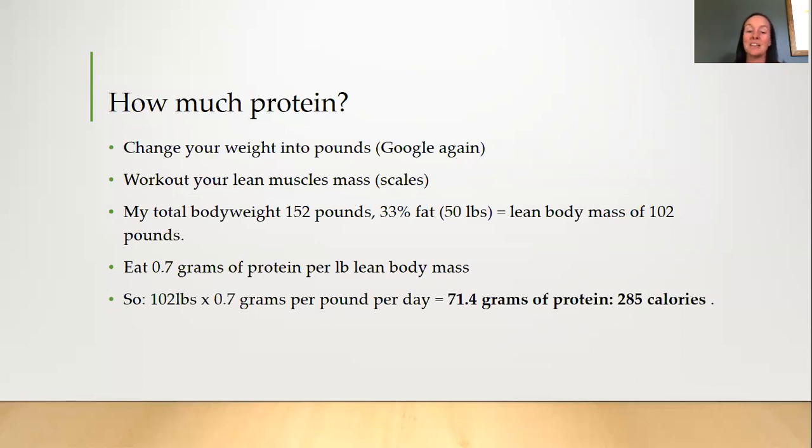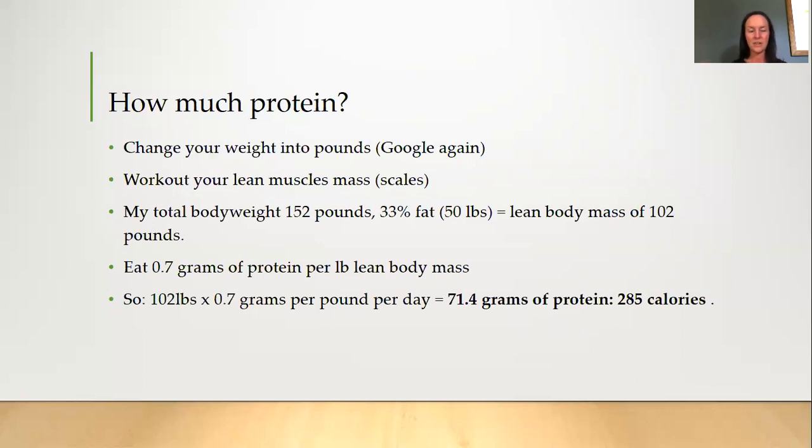I never know which way around it is, but it basically means your body will convert any excess protein into sugar, which has the same effect as too much carbohydrate: weight gain and all the other things that come with that. That was really the downfall of the Atkins diet.